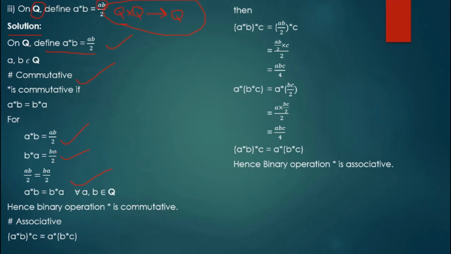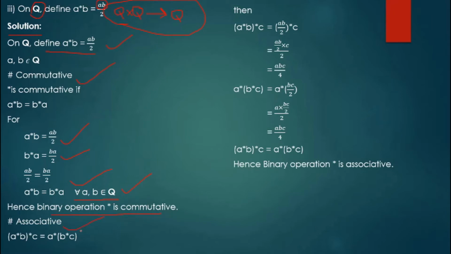Again here 3 into 2, 6, and 6 by 2 is again 3. So both are equal, for all A, B belongs to Q. Because it is commutative, the value you got belongs to Q, a rational number. So the binary operation is commutative.